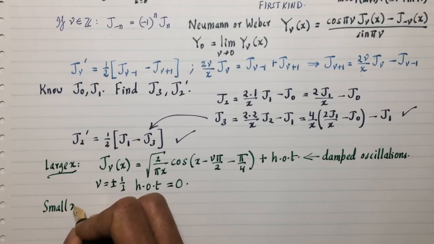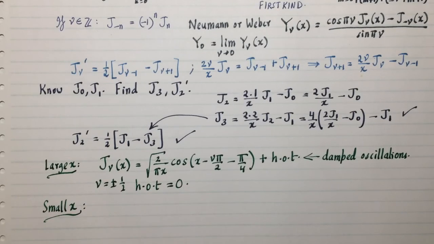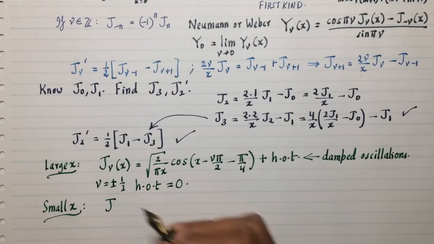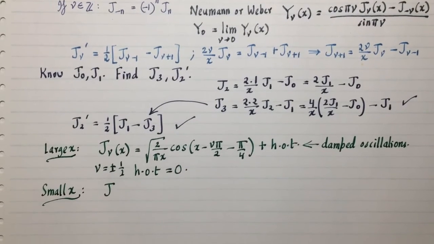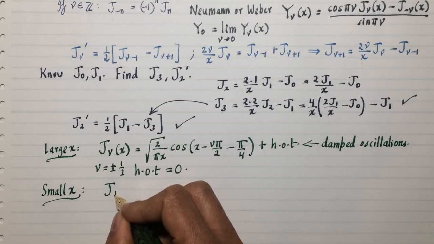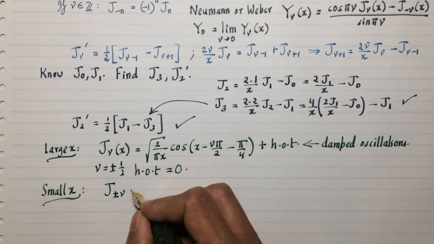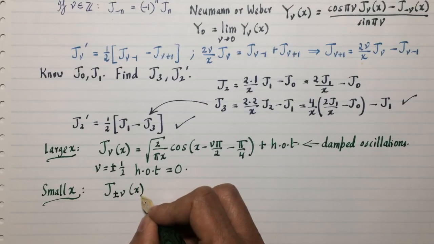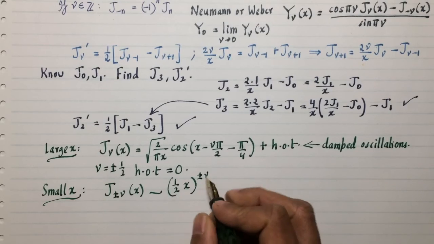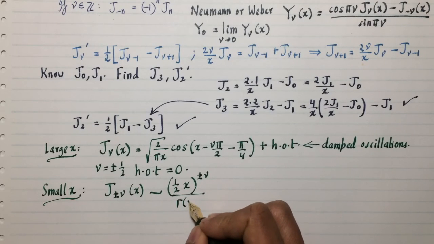Now what about small x? For small values of x, you're going to end up getting different values for the J's and the Neumann function or the Weber function. So J plus or minus nu of x is approximately going to be (1/2 x) to the power plus or minus nu, divided by gamma of nu plus 1.